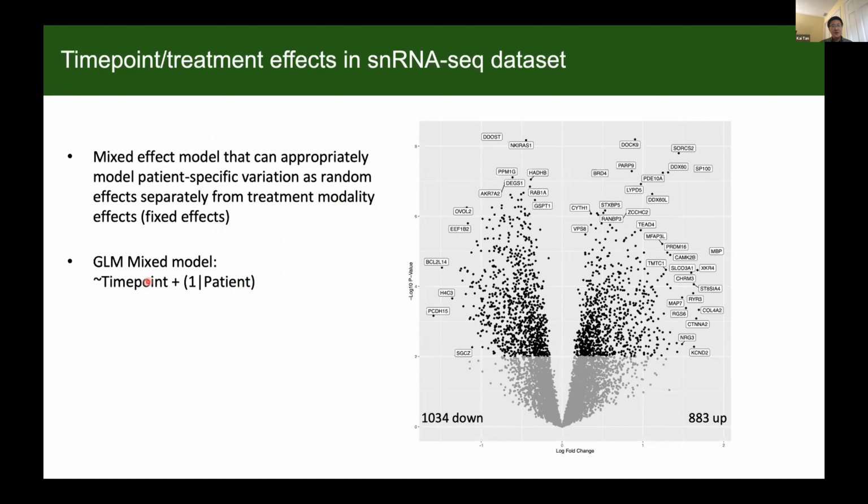So using this generalized linear model, we identified about 2,000 differentially expressed genes after treatment compared to the initial diagnosis samples. About 1,000 genes downregulated, about 900 genes upregulated. So we're still analyzing these differentially expressed genes.